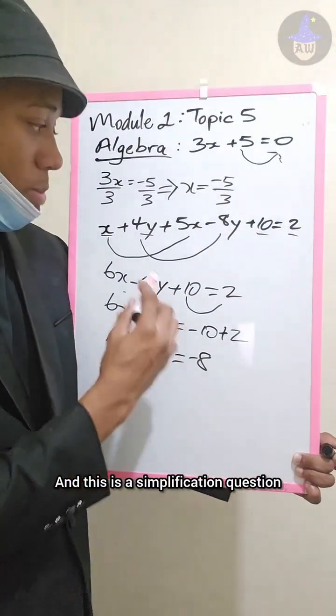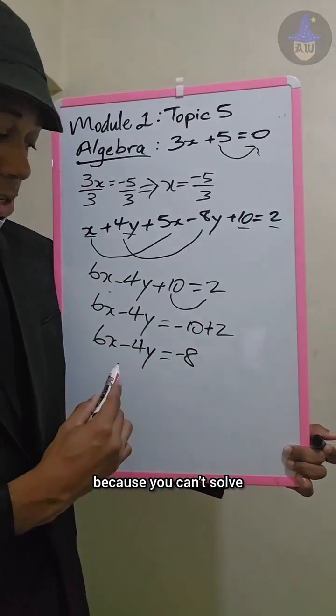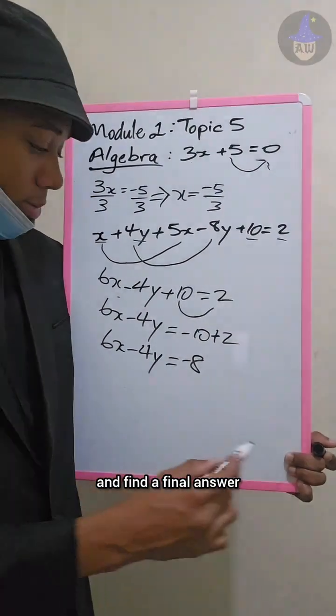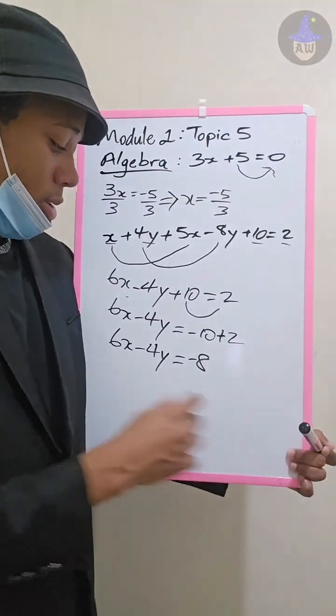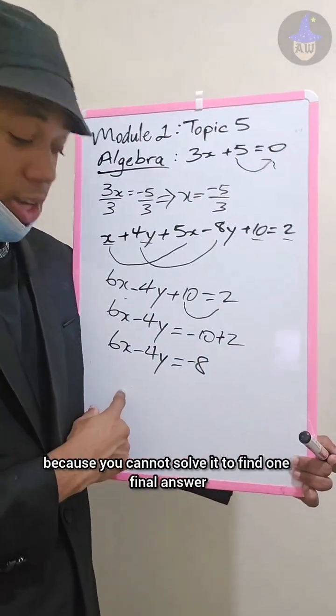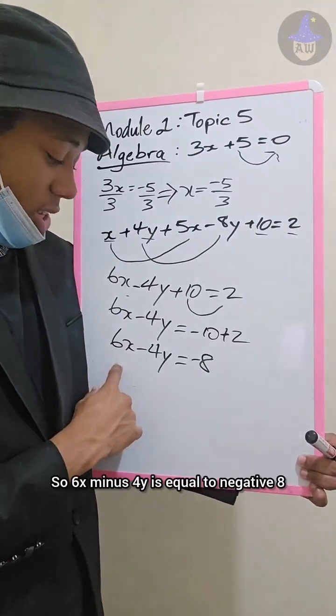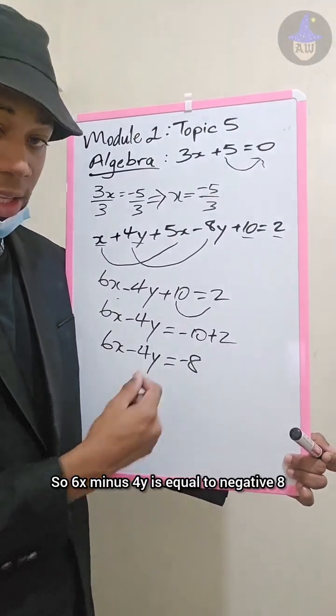And this is a simplification question because you cannot solve it to find one final answer. So 6x minus 4y is equal to negative 8.